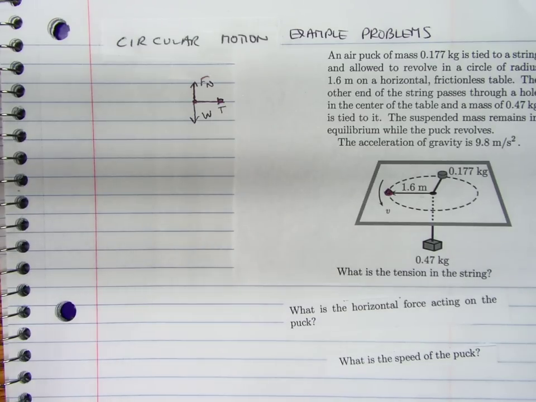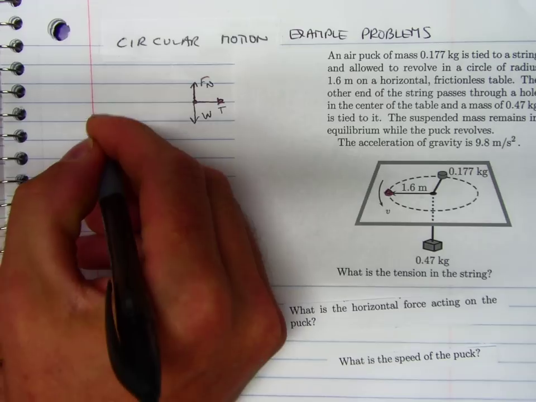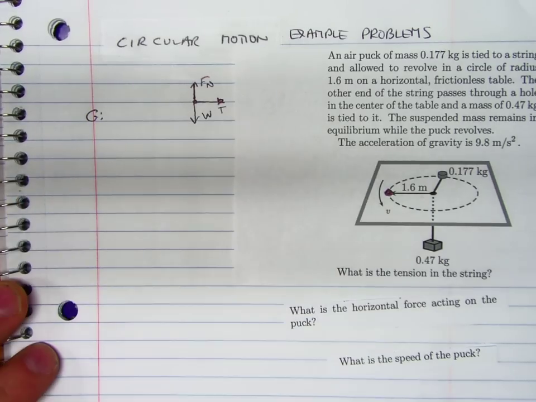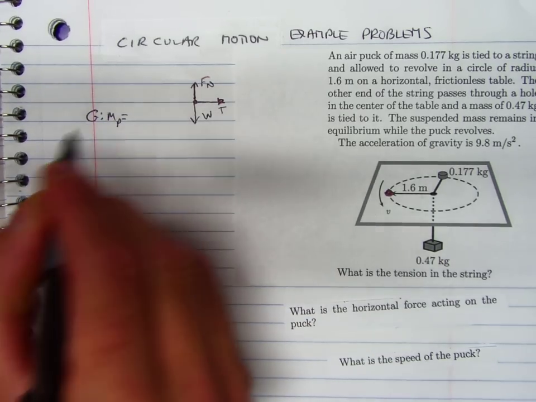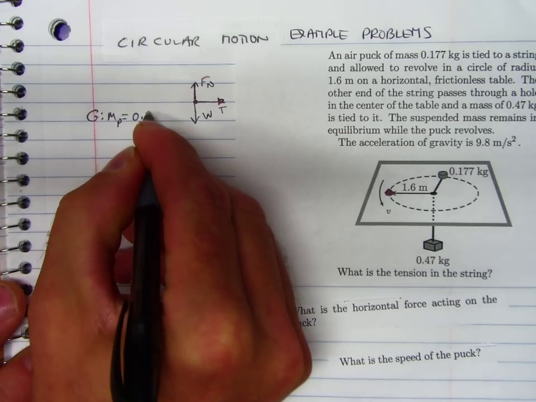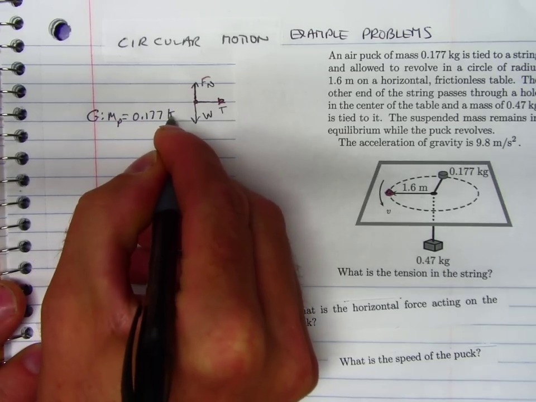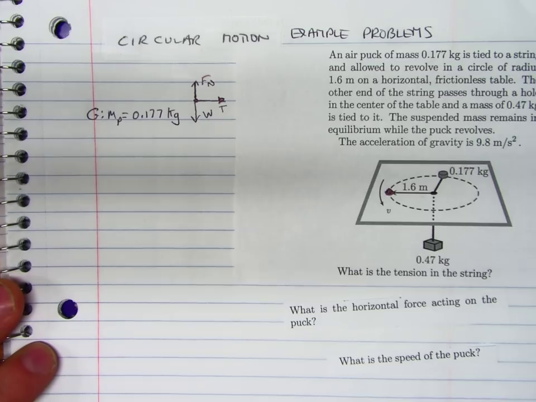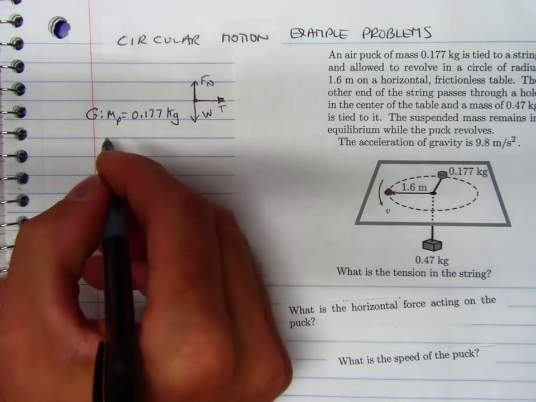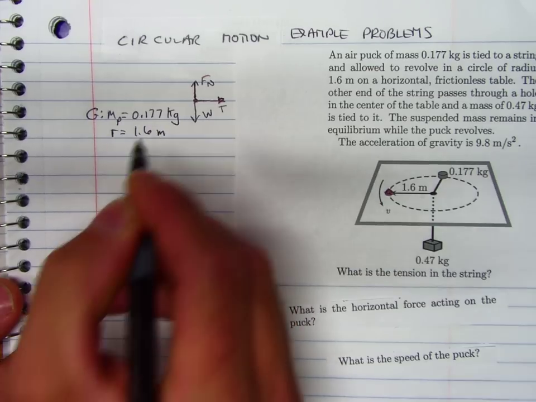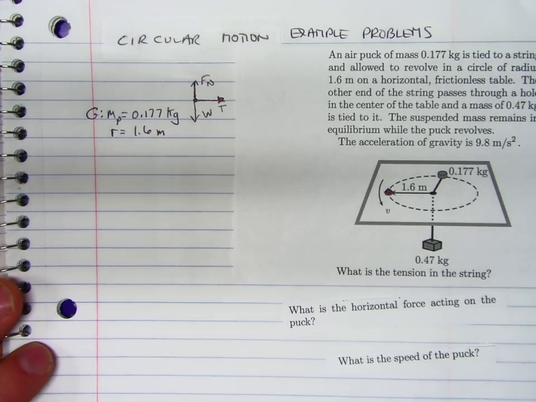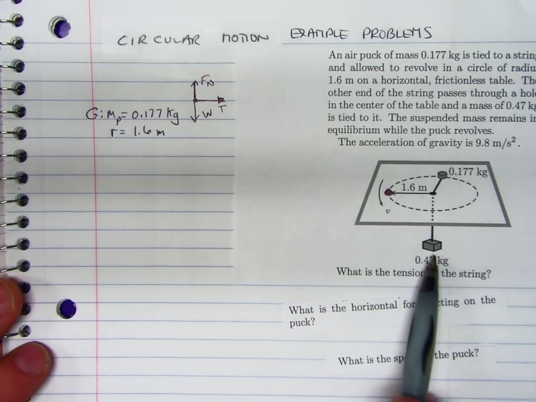Okay, so our givens are the mass of the puck, which is equal to 0.177 kilograms, and the radius, which is 1.6 meters. Also, there's a mass down here that's pulling, just like in the lab.